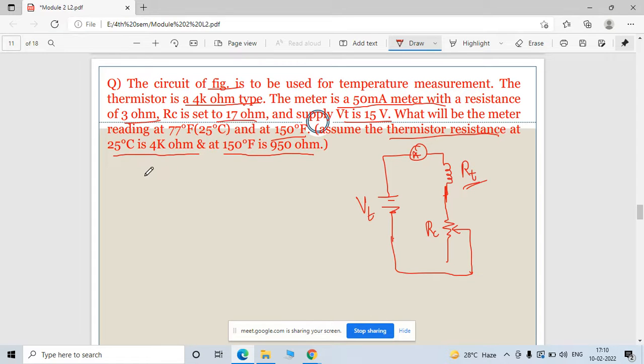Apply simple Ohm's law here. Okay, so what is the value of I? I is nothing but your VT by RT. RT here is nothing but the total of this. Okay, this RT is not the thermistor resistance, this is the total resistance. So what is the total resistance here? It is 15 divided by this.